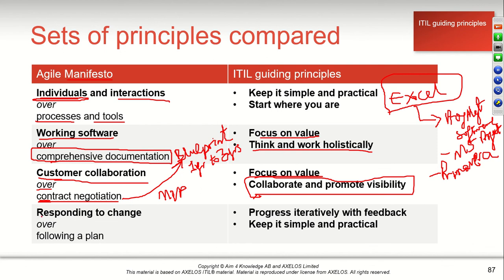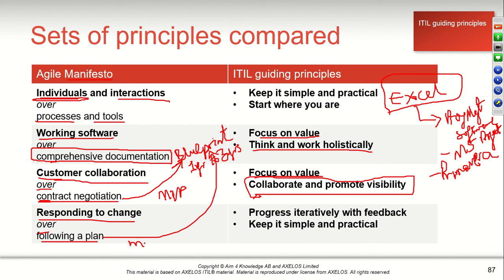Then the next one, responding to change over following a plan. Again, this also traces back to blueprints. According to blueprints, after a blueprint, there will be a plan created, a time plan. And a time plan will say this is what we are going to do in the first week, one month, and so on.